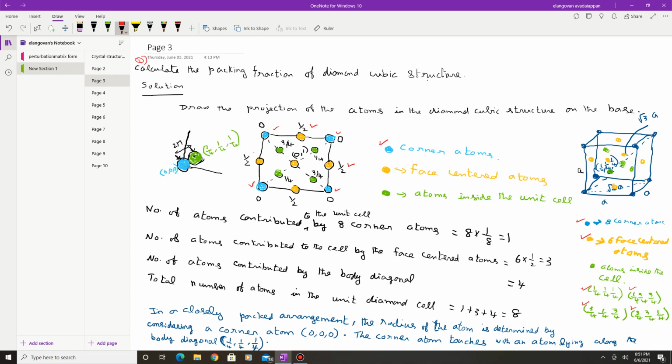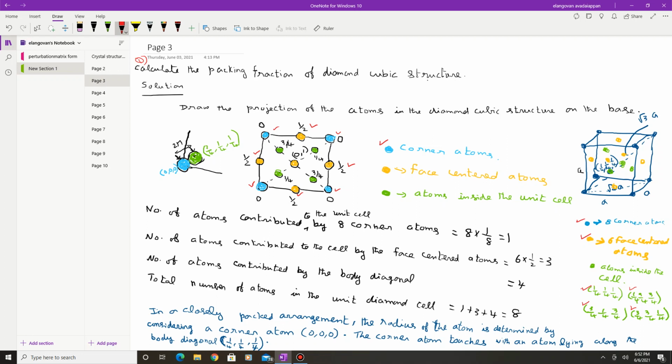That is the meaning of half unit. So if you assume 1 unit is the length of the side, then the half unit is at the center of each face. So this is half unit from the base. So there is 1, 2, 3, 4.